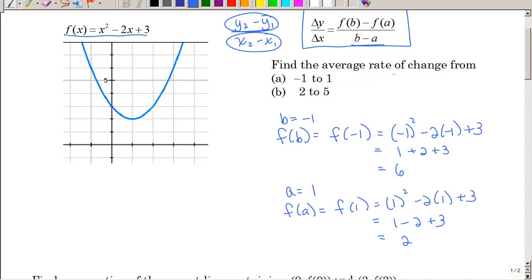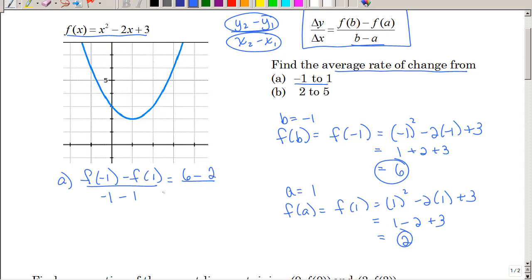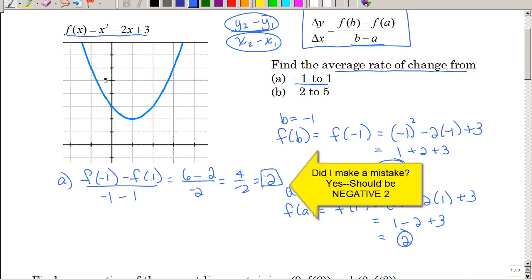So if I wanted to find the average rate of change from part A, according to the formula, f of -1 minus f of +1 divided by b minus a. So f of -1 is 6 minus 2 over -2. So what is that? 4 divided by -2, which is +2.